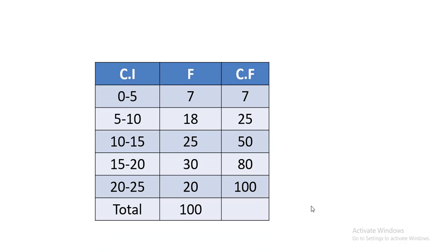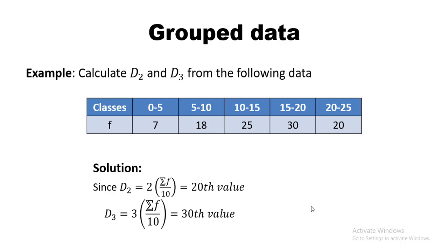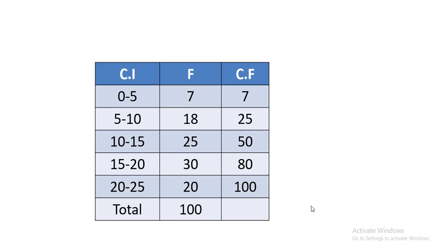Now what you're going to do first is make a CF column and look for the 20th and 30th values. If you see, my 20th value lies in this class and my 30th value lies in this class. So for the second decile, the lower class boundary is 5, frequency is 18, height is 5, and cumulative frequency is always taken preceding the class that is asked.